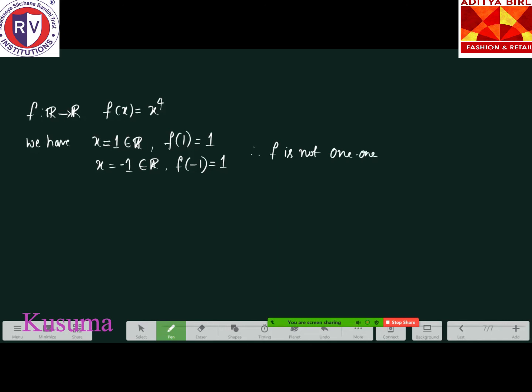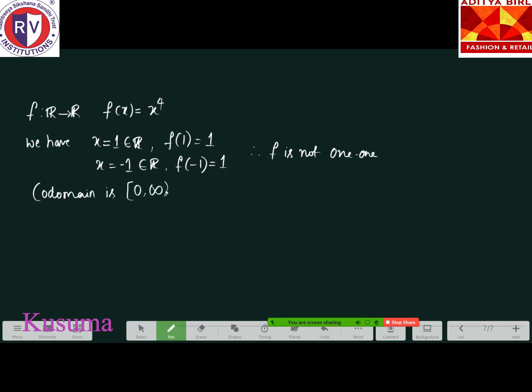Now let us see what about the ontoness of the given function. Here the codomain of the given function is 0 to infinity, right? Whatever input you give, the output will always be positive, since x has an even power. But for a function to be onto, the entire codomain will be equal to the range.